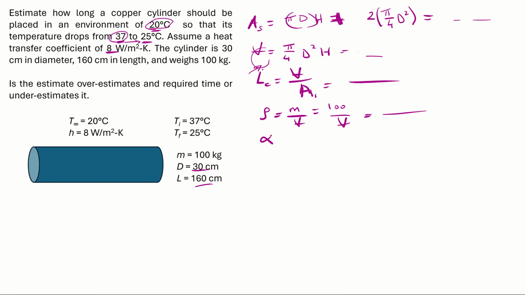And you have alpha, the thermal diffusivity, which is k over rho Cp.